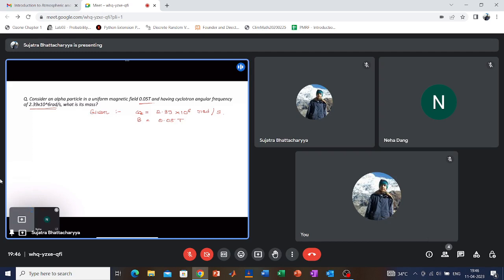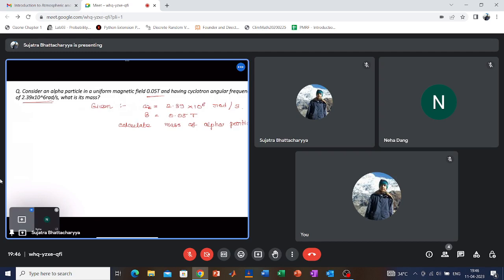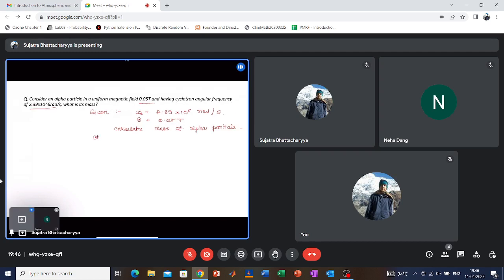Okay. Now given means I have to calculate the mass of the alpha particle. But we have to remember one thing, that the charge of alpha particle is 2 times the charge of electron. Therefore, the total charge will be 2 into 1.6 into 10 to the power minus 19 coulombs.